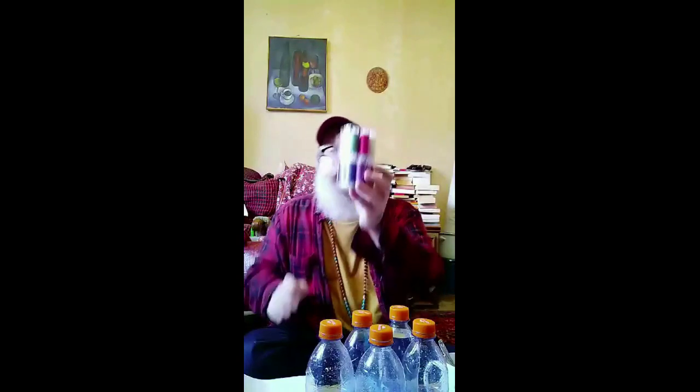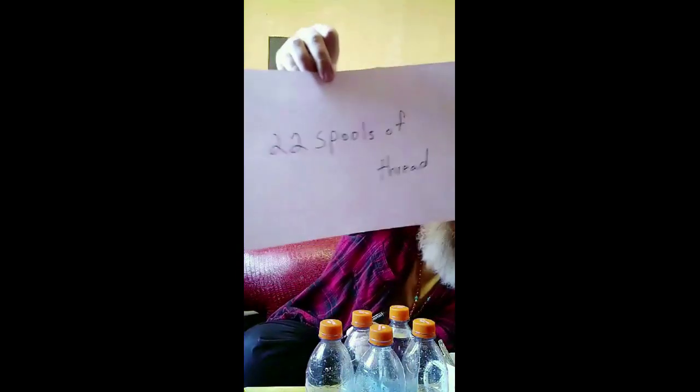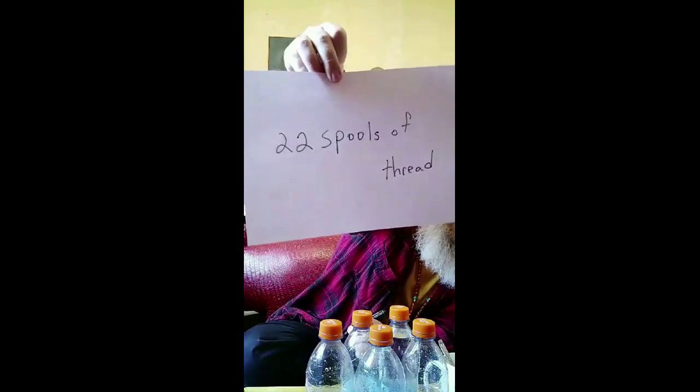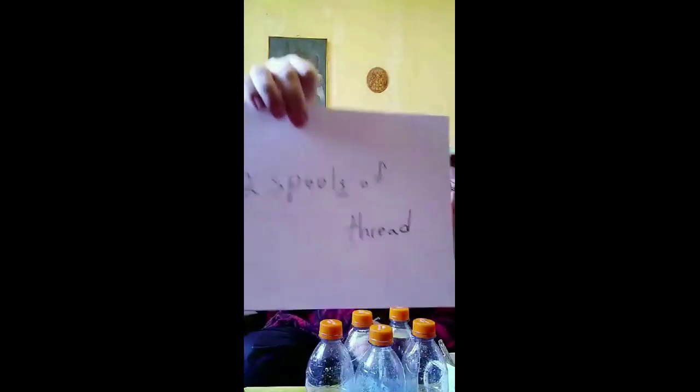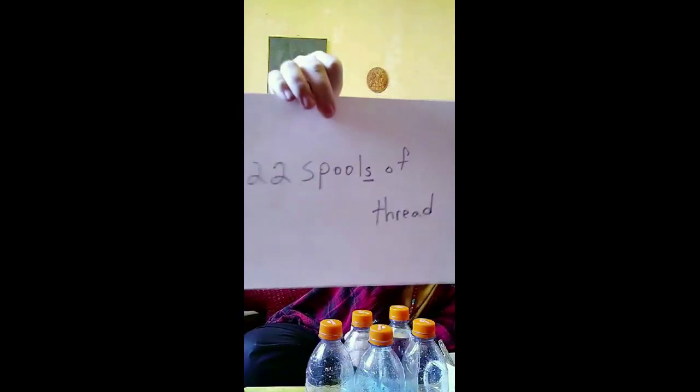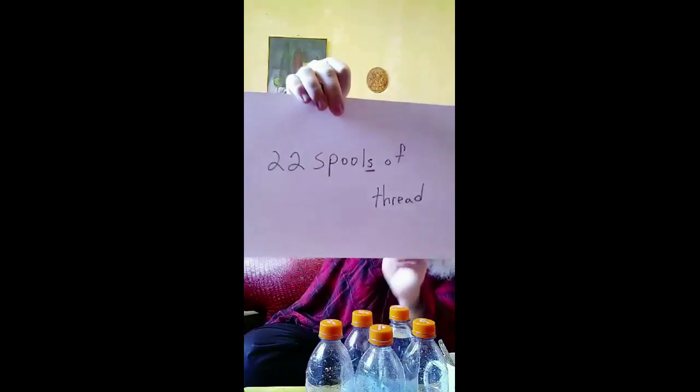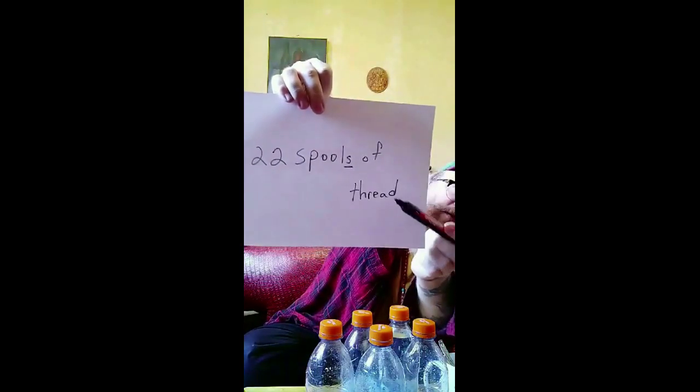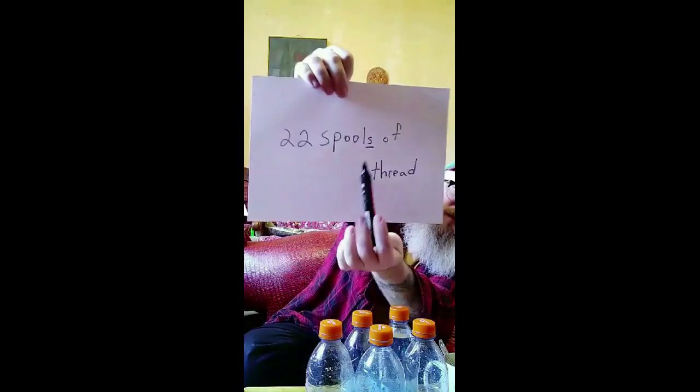And if you have a lot of them, I have 22. Once again, we're going to put that S onto the end of spool and say 22 spools of thread. So we just put that S right at the end. 22 spools of thread. We do not put an S onto thread. We put it right there on spool.